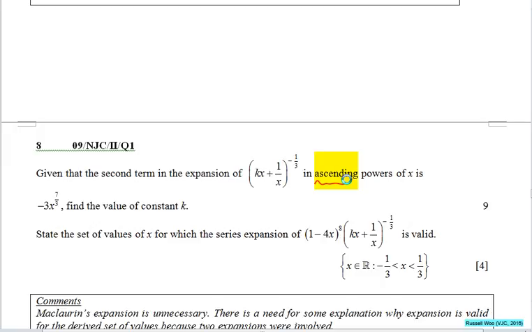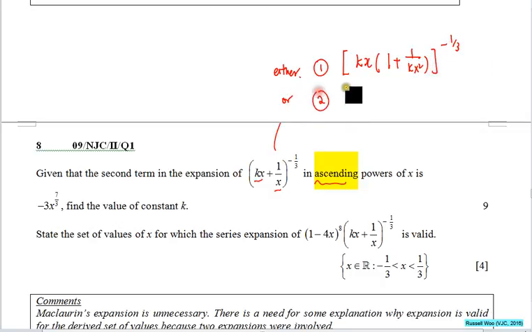See, ascending power, there are 2 ways to do it. Either you factorize the kx out, and then you get 1 plus 1 over kx squared, to the power of minus 1/3.